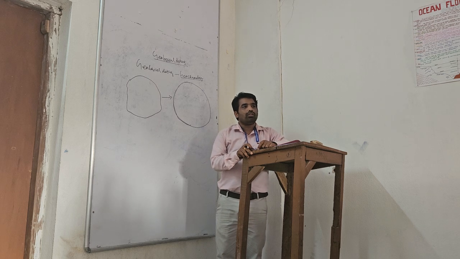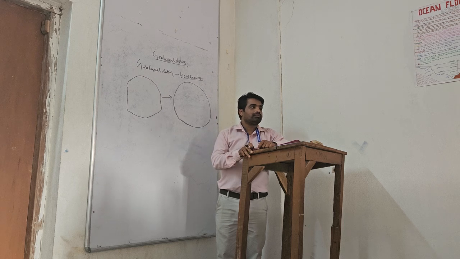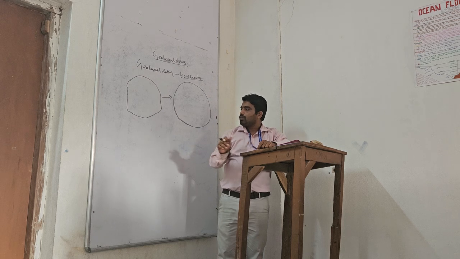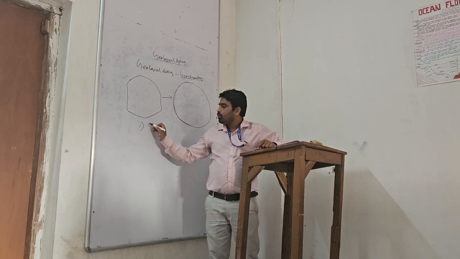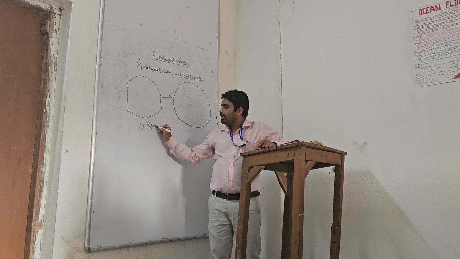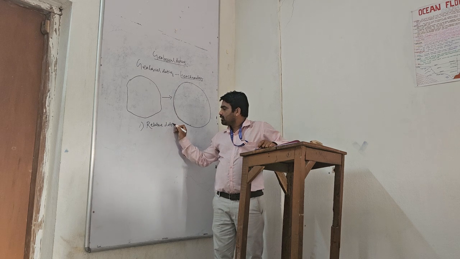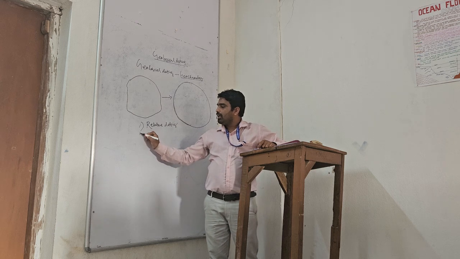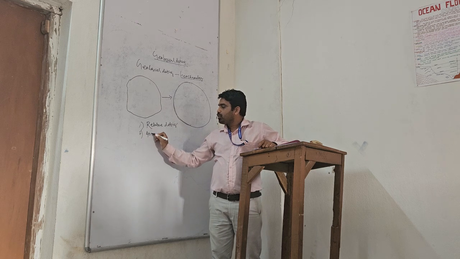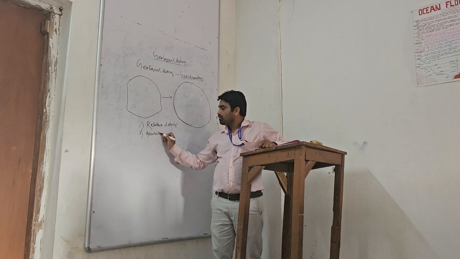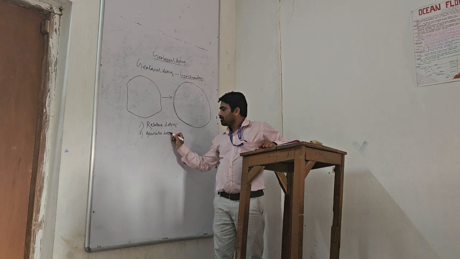It is just done by comparing with others. So two types of methods we follow: one is relative dating and the other is absolute dating.